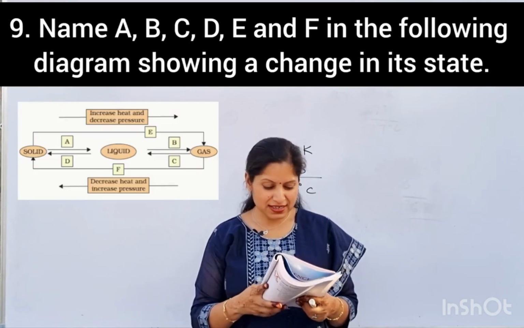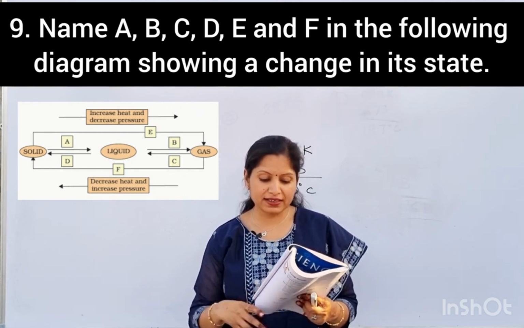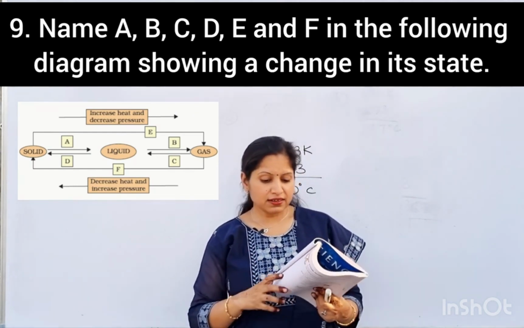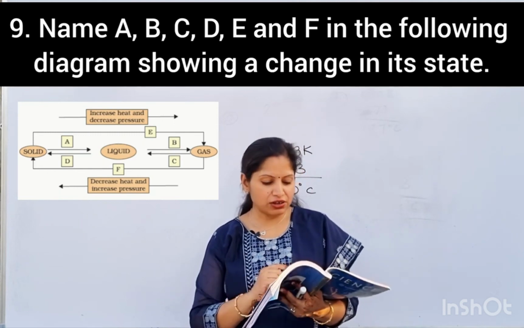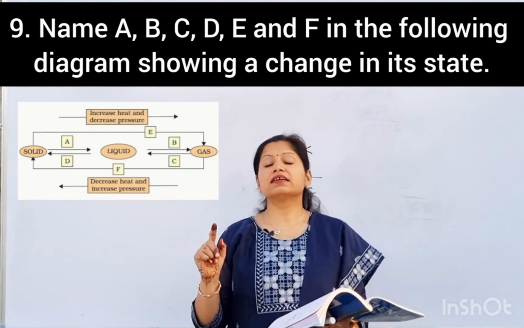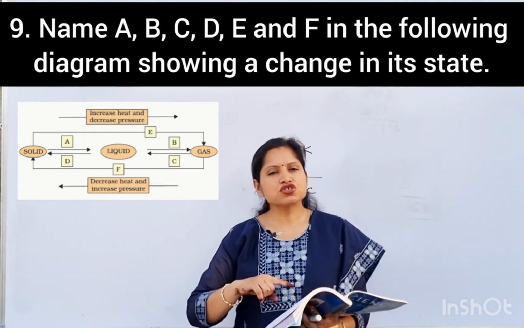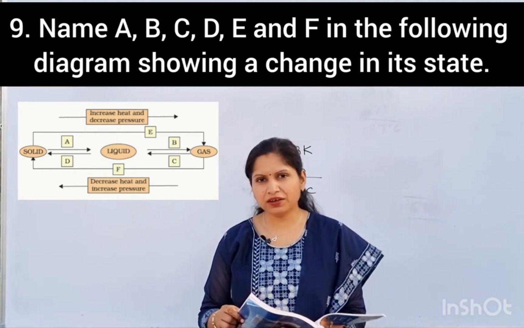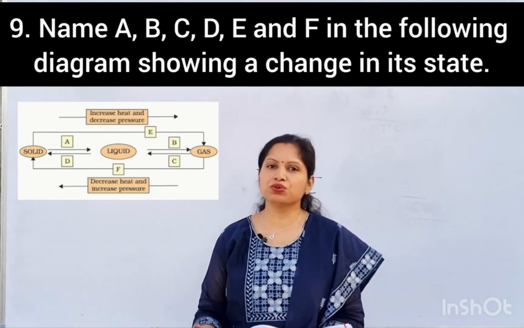Next question is, name A, B, C, D, E and F in the following diagram showing the change in its state. Okay, so you can have a look at the diagram, and A shows the solid is getting converted to liquid. अब तक हम उनको बोलते थे melting, but now we call it as fusion.